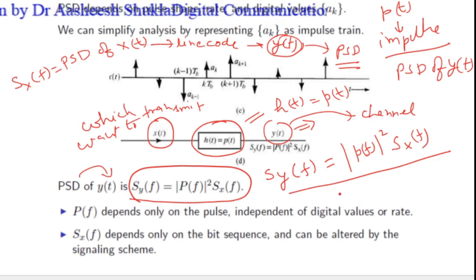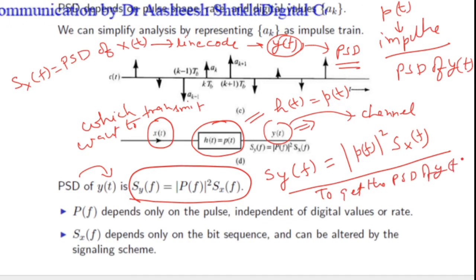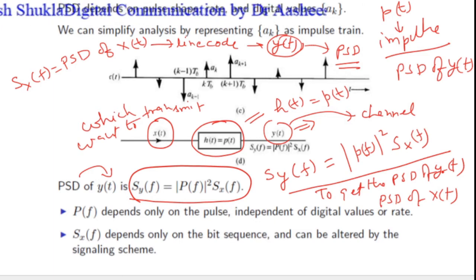So ultimately we can say that to get the power spectral density of yt, we have to find out the PSD of xt, because the response p(t) is known to us, or we can say that this is the proper pulse shape which we have to choose. So we'll choose the pulse shape accordingly.